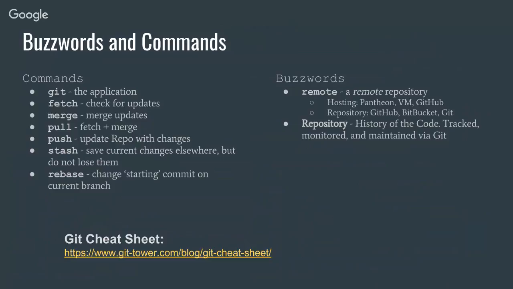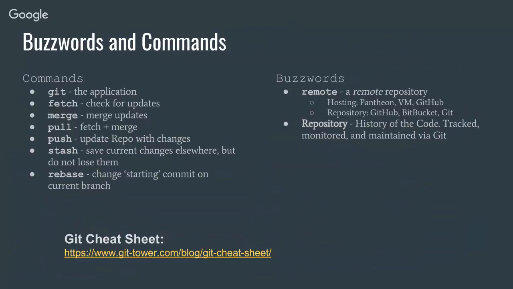I just want to see if there's any changes. So if I fetch a specific branch, it only looks for changes to that branch. Git merge takes the updates that you have found in that Git branch and merges them into your currently active branch. And we'll see that live here in a few minutes.